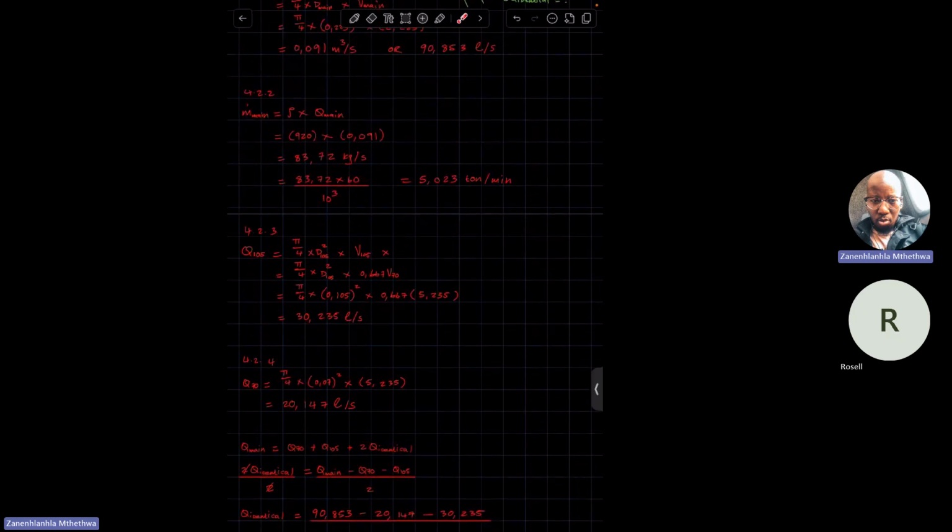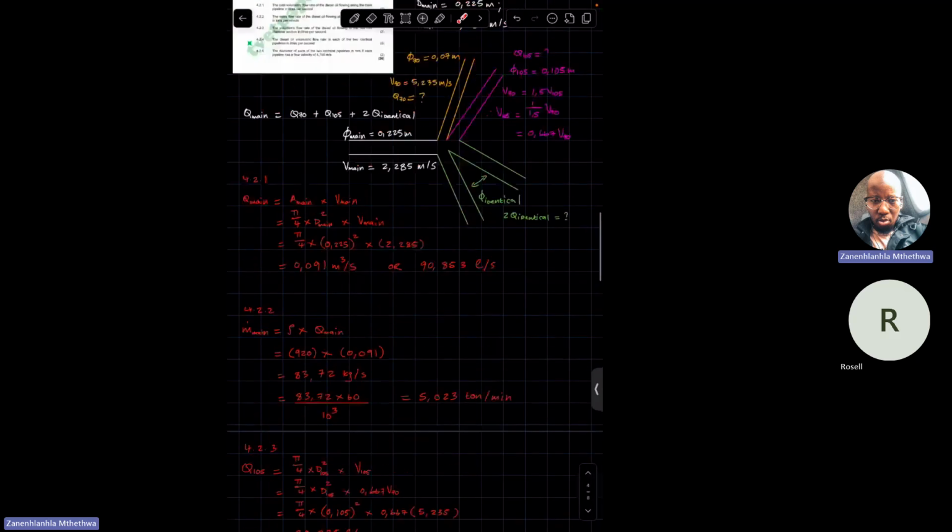That is why here, to calculate the Q for the 105 pipe, you simply say the area of that pipe, which is this one, times the velocity of that pipe. And then, of course, you are able to express this in terms of that ratio that we worked out. So remember this ratio?